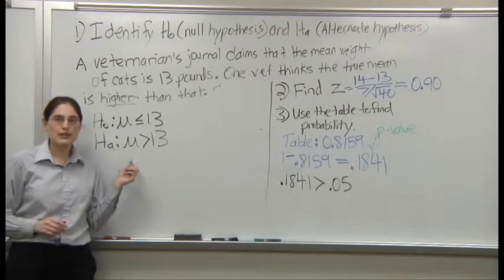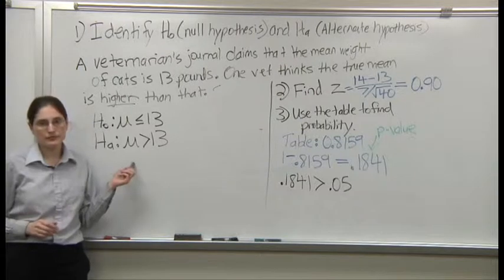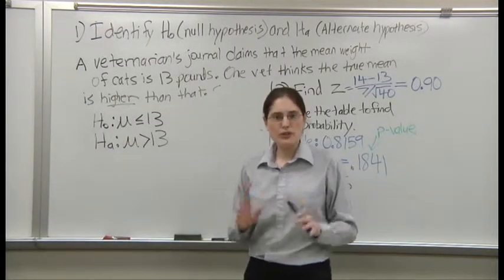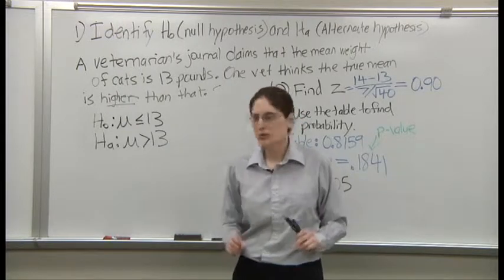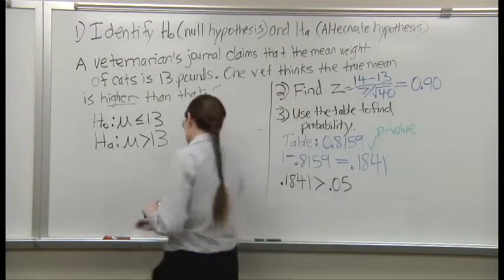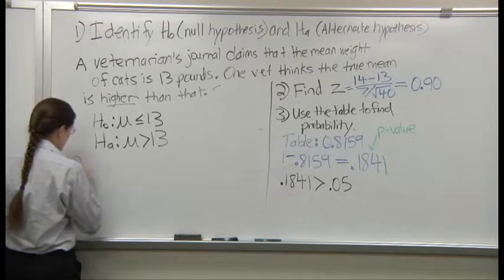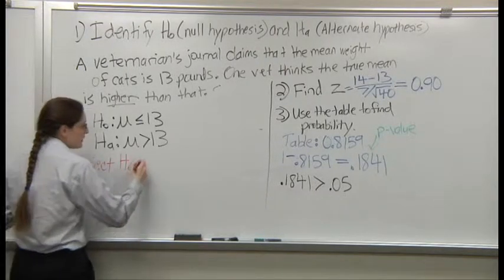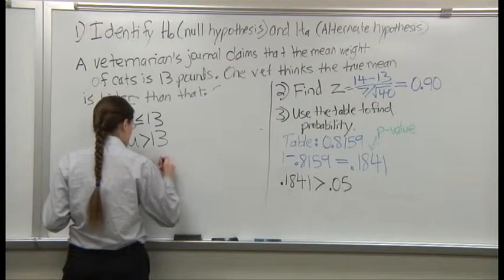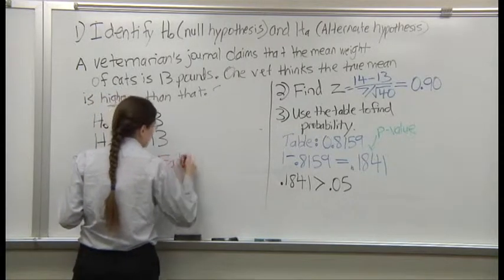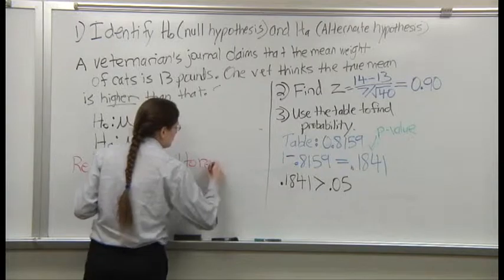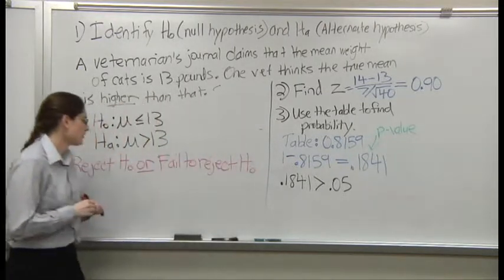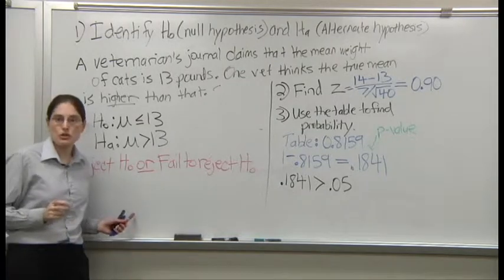The alternate hypothesis is that it's bigger. There are two things that you can do. You can reject the null hypothesis or fail to reject the null hypothesis. Those are your two choices.